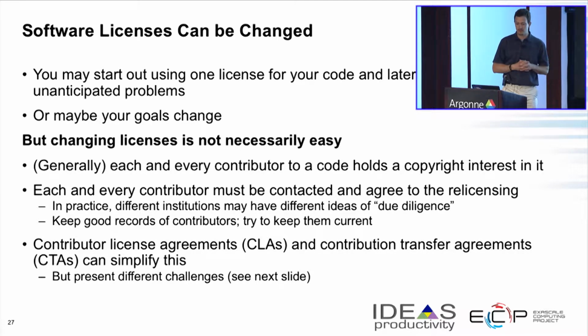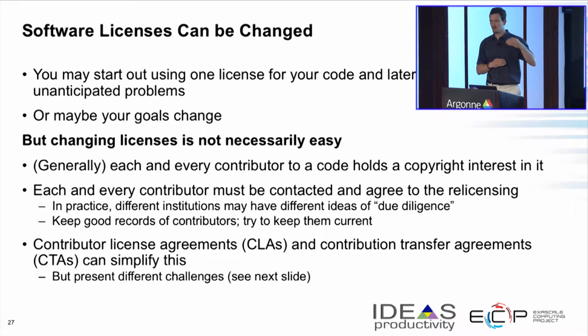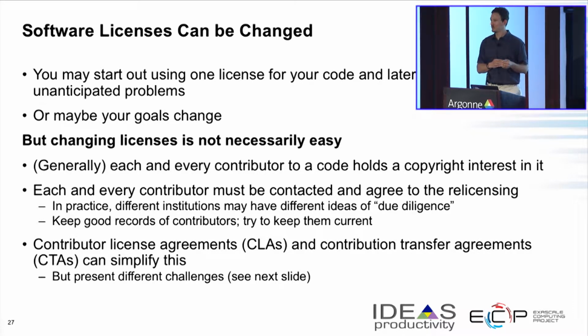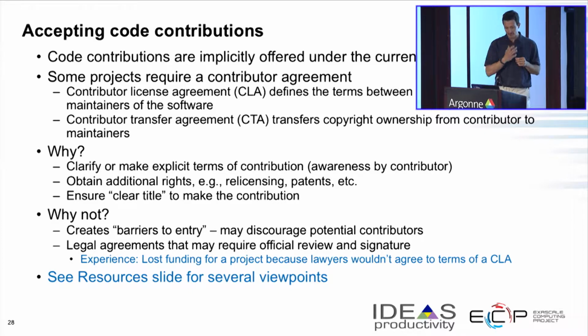Sometimes people use contributor license agreements before someone is allowed to contribute. That very clearly spells out that we maintain the right to license this code differently, and you're acknowledging that as you contribute. That sounds like a really great idea, but there are some practical concerns with doing that.